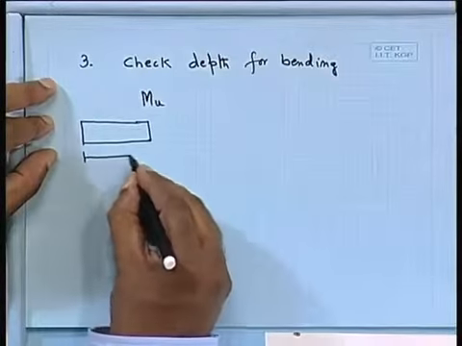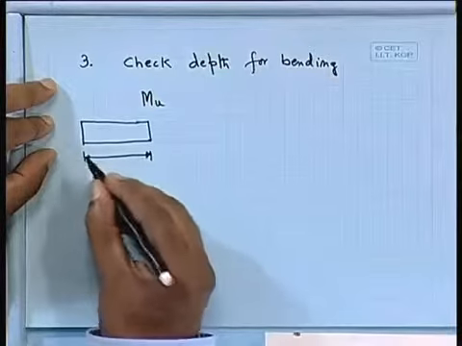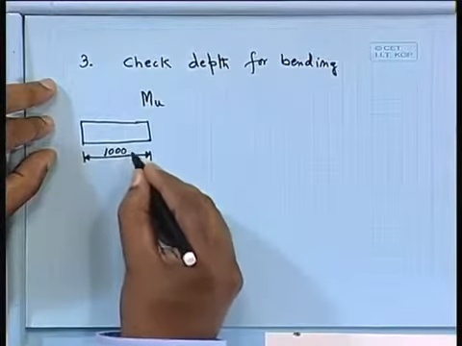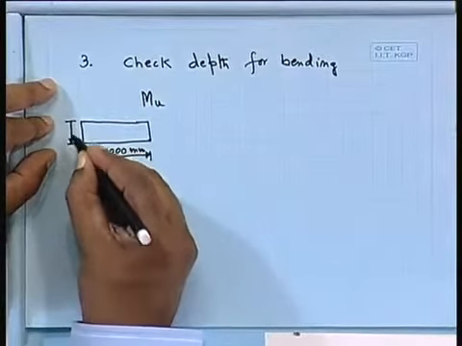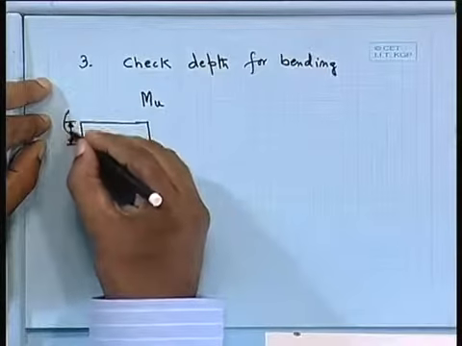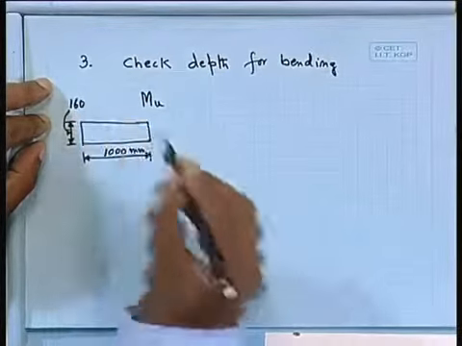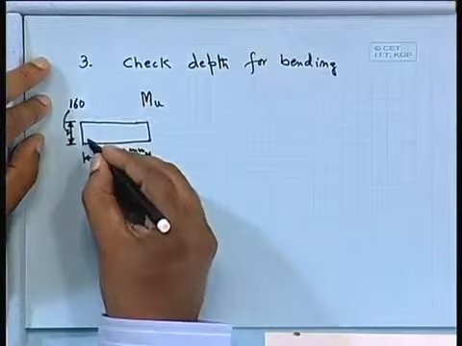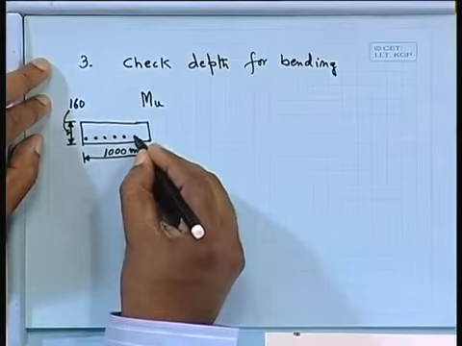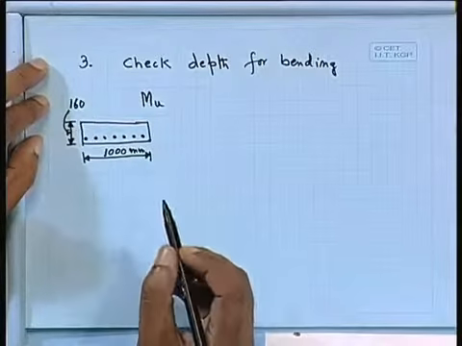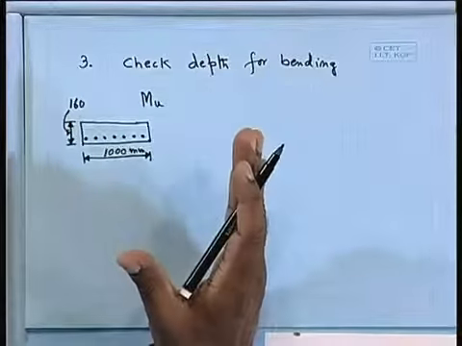The only difference is we are taking 1 meter, that means 1000 millimeter, and this is your overall depth, which is 160 in our case. We have to provide the reinforcement in the slab. So, we are taking a rectangular beam of 1 meter width, and depth we have assumed 160 millimeter, and we have to check whether that is sufficient.